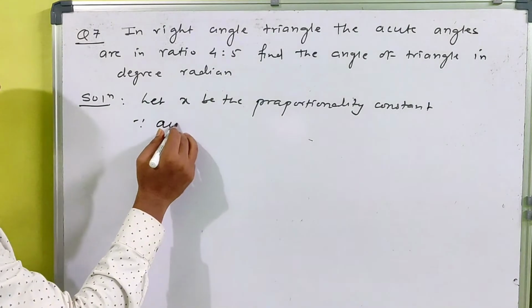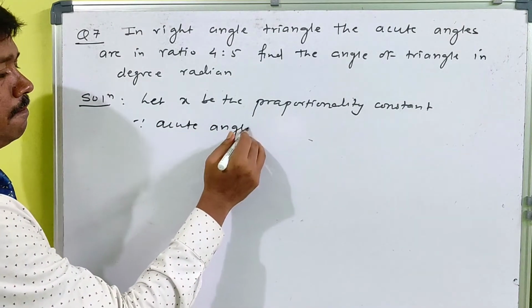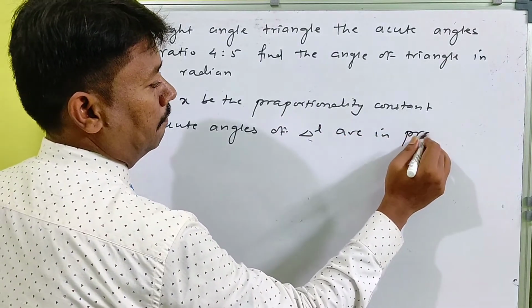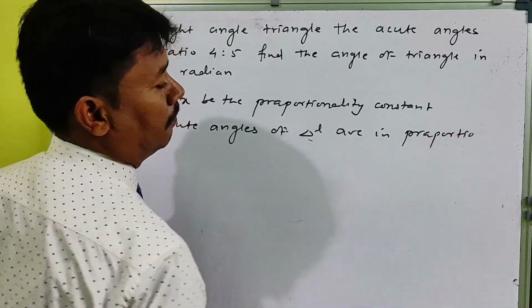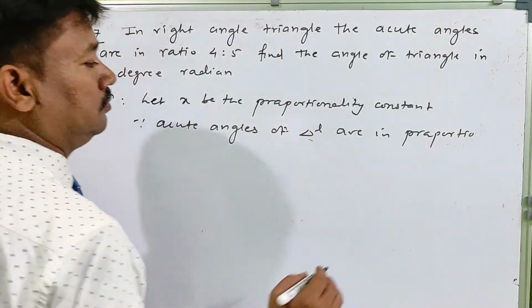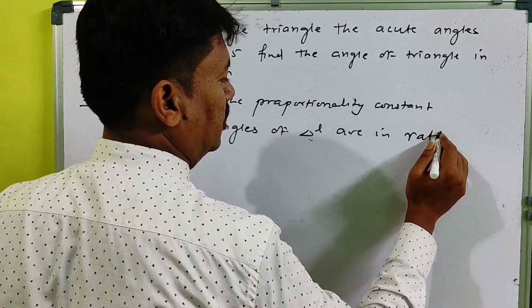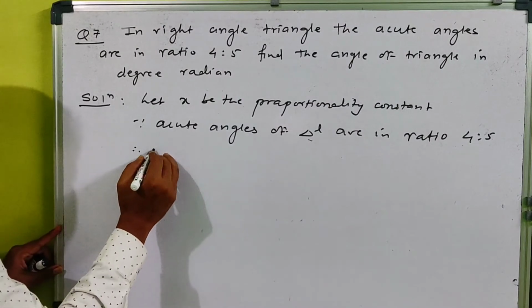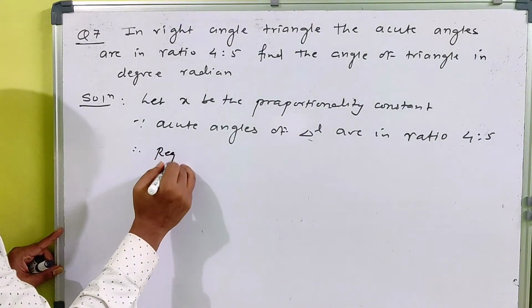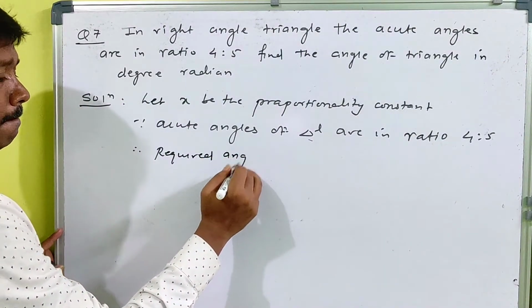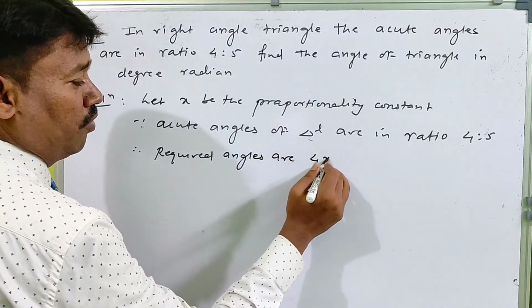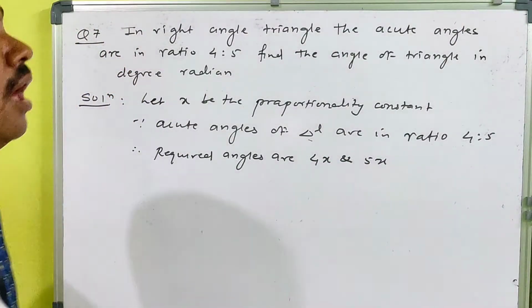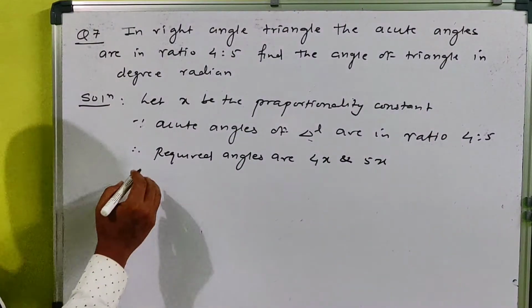Since the acute angles of the triangle are in the ratio 4:5, therefore the required angles are 4x and 5x.